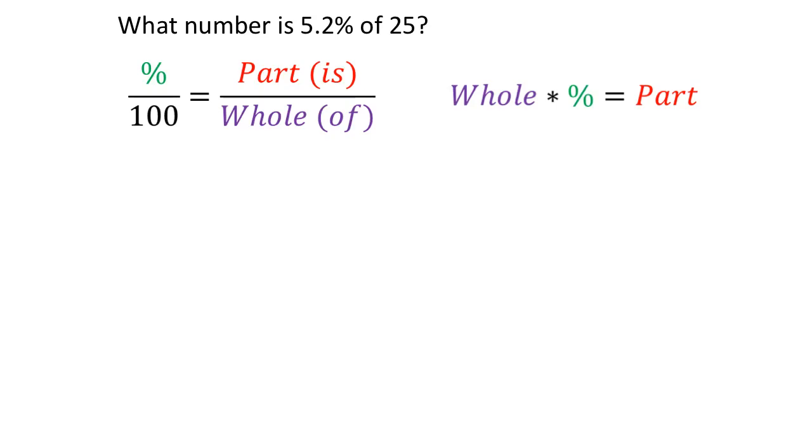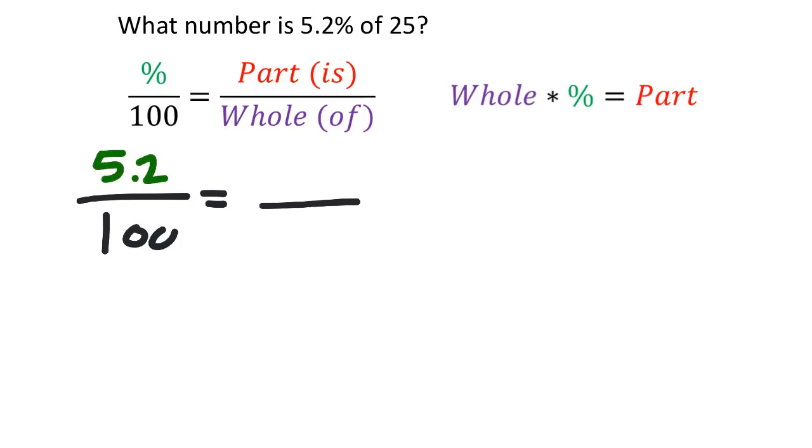So 5.2%, again, I'll use the percent proportion. And yes, they gave us the percent on this one at 5.2. Now this one shows of 25, and the whole is the of, so that's our denominator. In the other fraction, we just don't know what the numerator is, or the part. So in solving this one, still cross multiplication, 5.2, going to the calculator, times 25, 130.